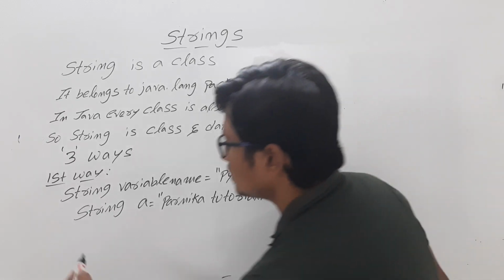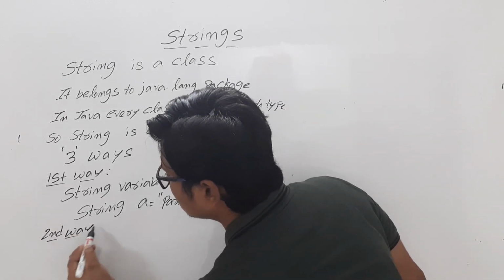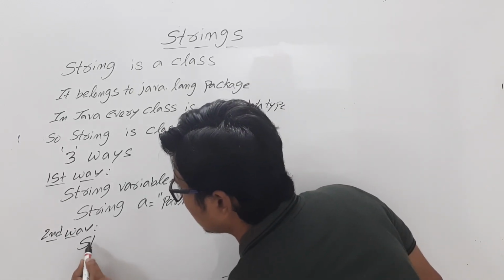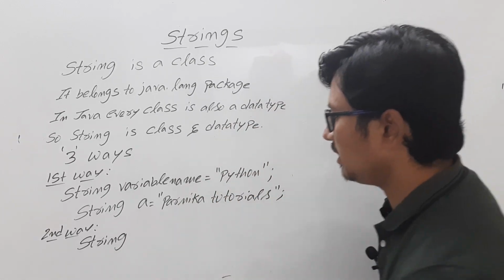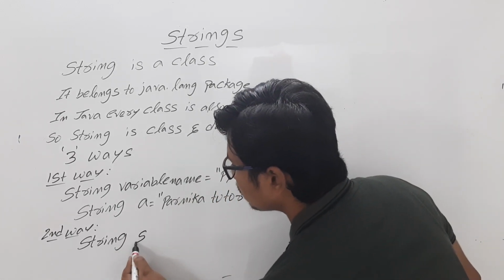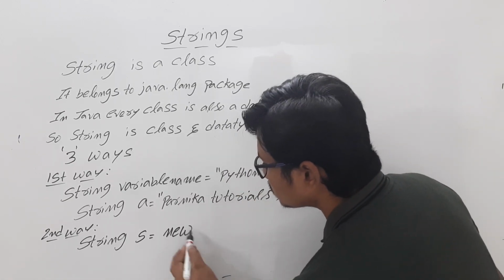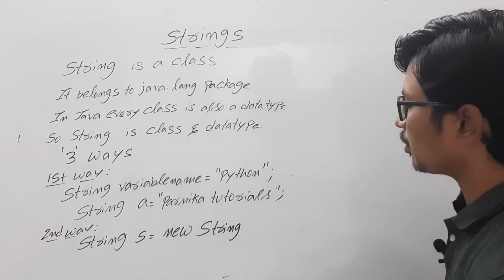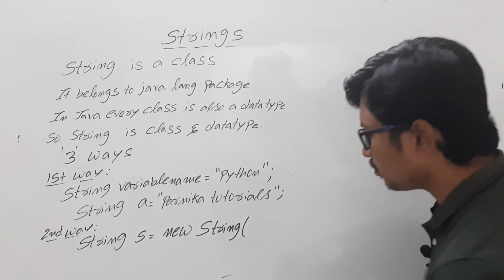The second way is that you can create an object for the String class. How can you create an object for a class? You write String, where S should be a capital letter, and then you need to write some object, S is equal to new String, and then you provide the string you want here.